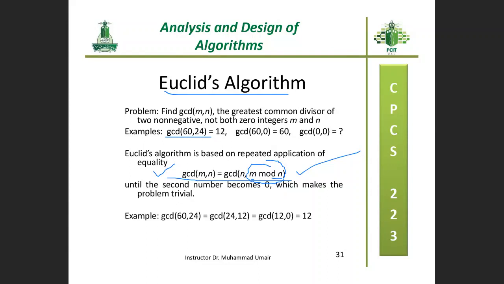The question is, this is a problem where we want to calculate the GCD of two values using Euclid's algorithm. So if I ask you to write a proper algorithm for calculating the GCD of two numbers using this formula, can you write it or not?